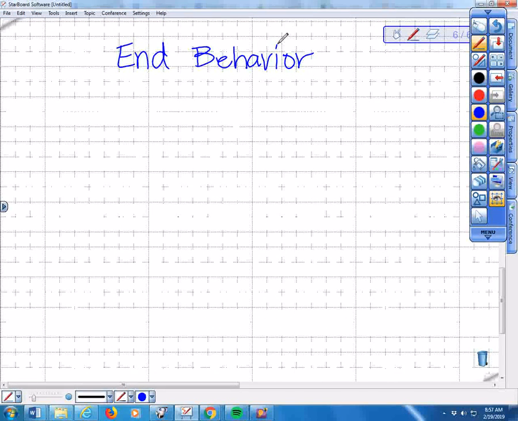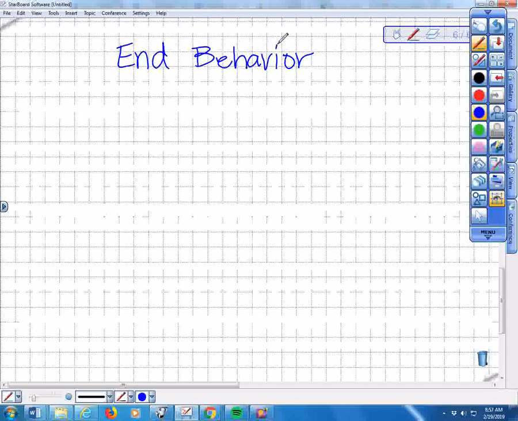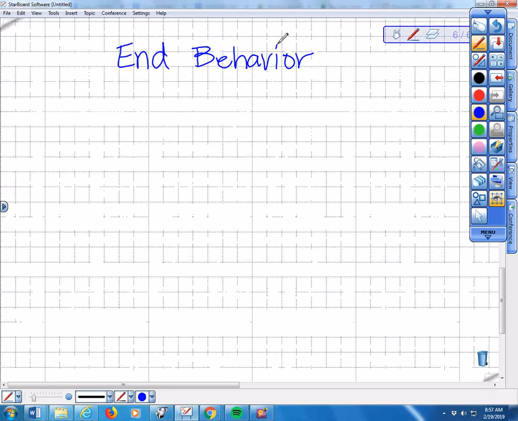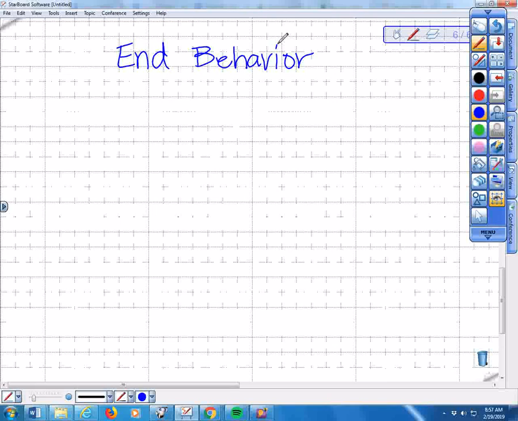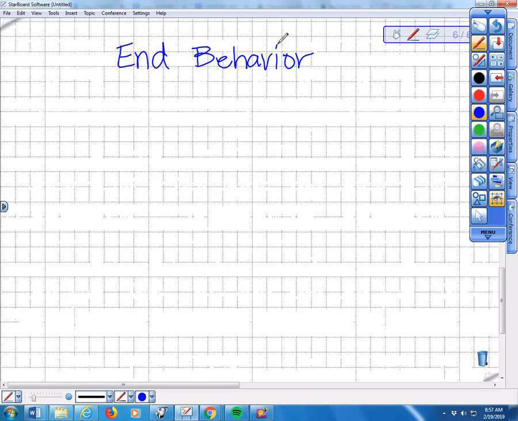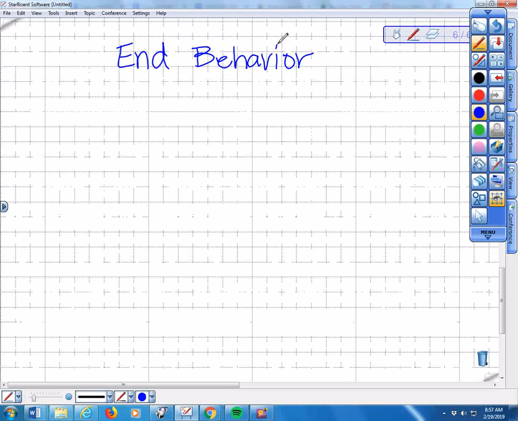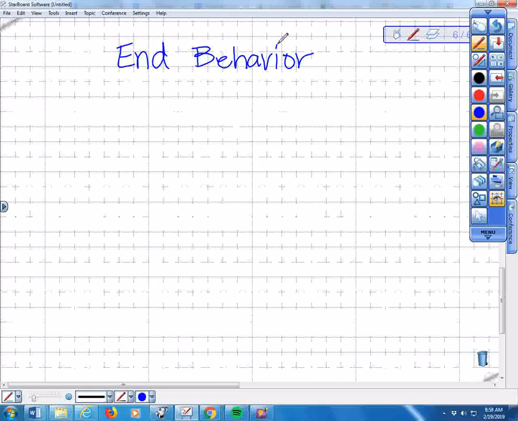Okay, ending result. There's one stab at it. End behavior. Any ideas? No? Okay. If you guys want to turn your computers around, just so I know you're... It says the graph approaches positive infinity or negative infinity.